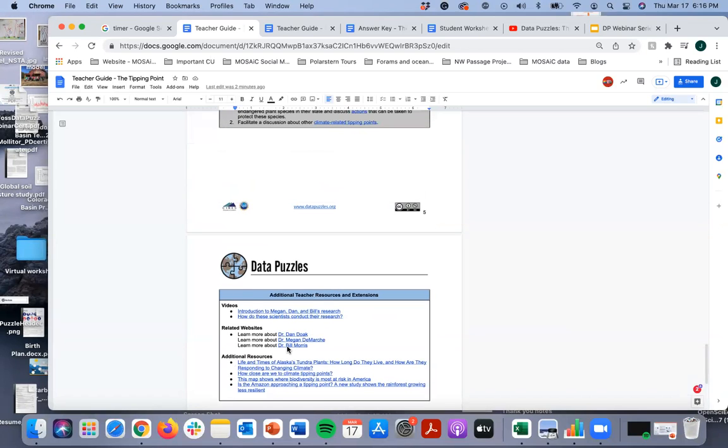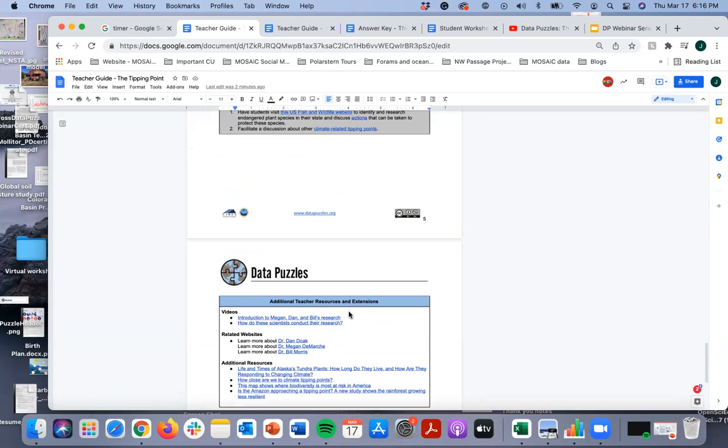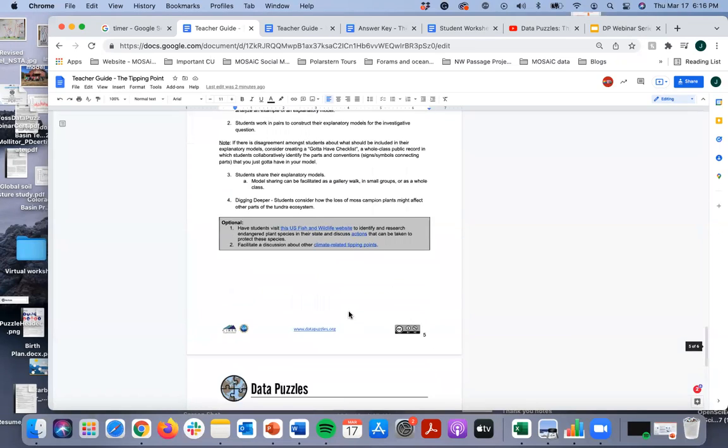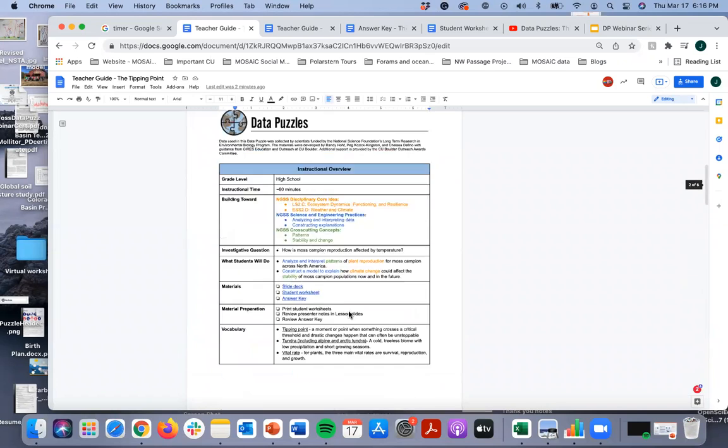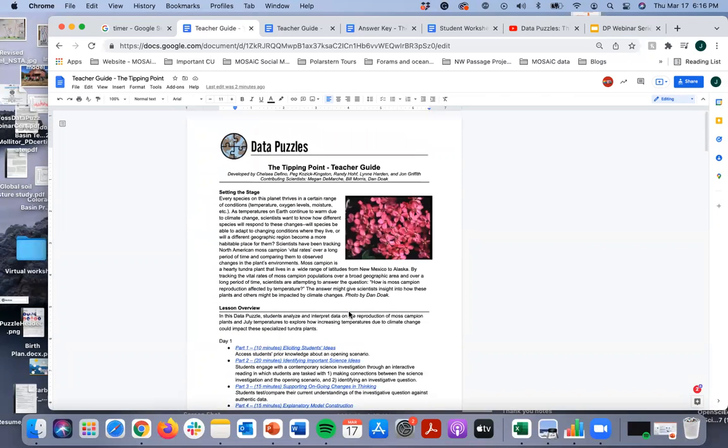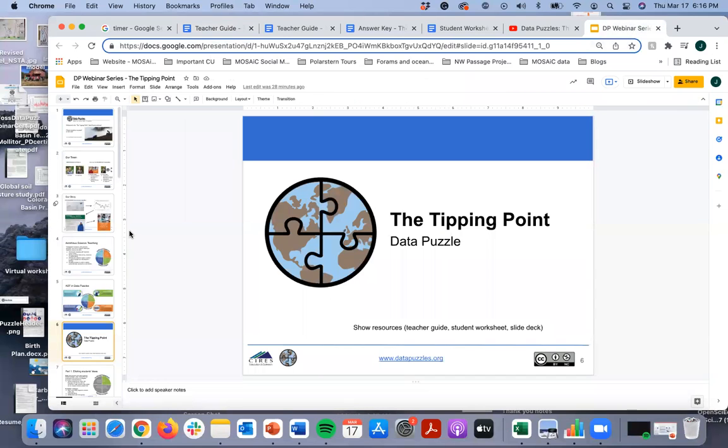So I'm trying to keep track of those in an additional teacher resource section at the bottom, so you can feel free to take this and run with it in a lot of different directions in your classrooms, and those resources are available to you at the bottom. So that's what the teacher guide will look like, and I'll give you an opportunity to check out the student worksheet on your own here in just a few minutes.